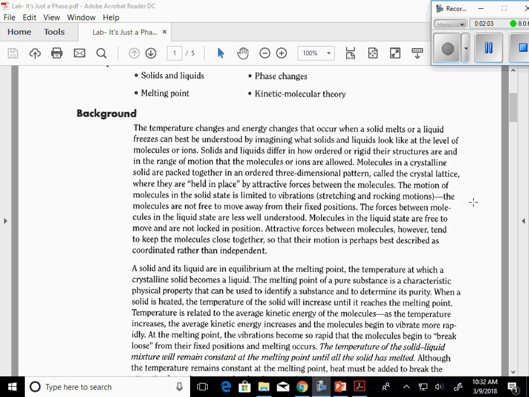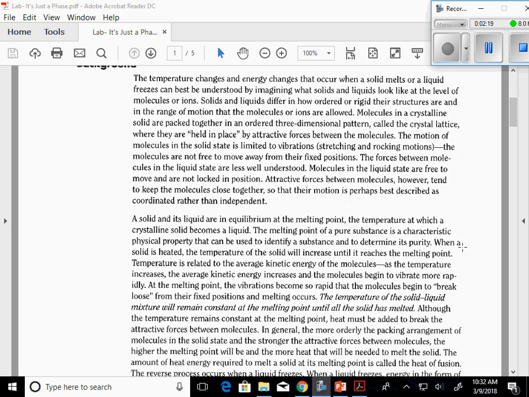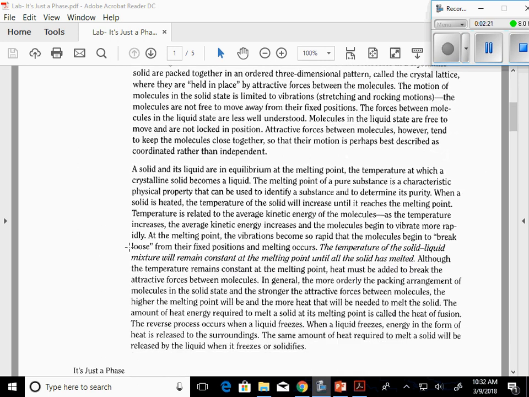So as we increase temperature, we increase the kinetic energy, and we have greater amounts of movement. At the melting point, the vibrations become so rapid that the molecules begin to break loose from their fixed positions, and melting will occur.